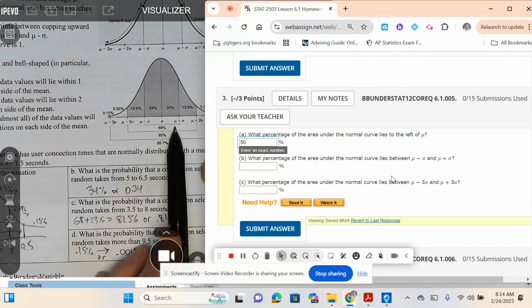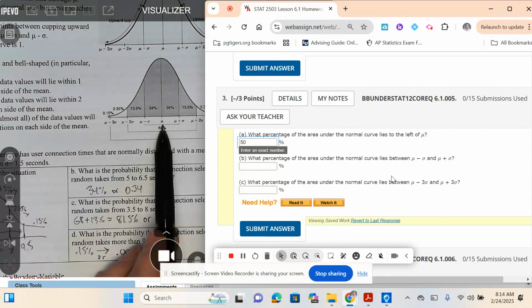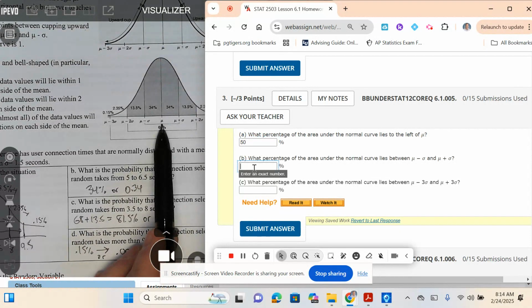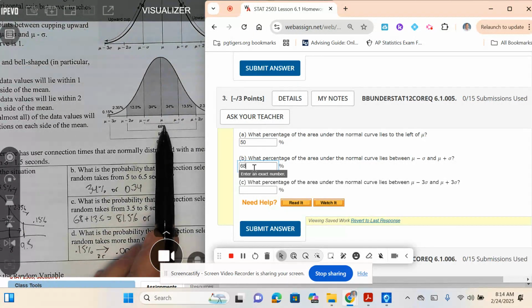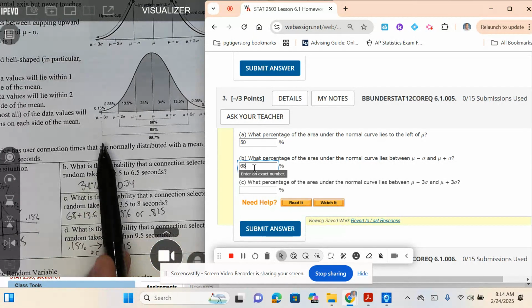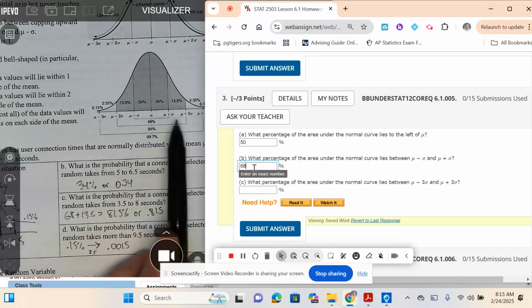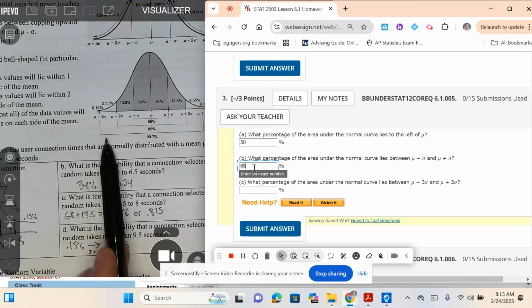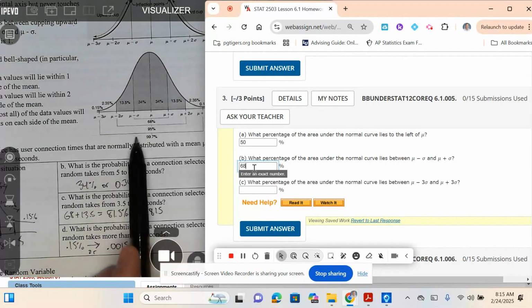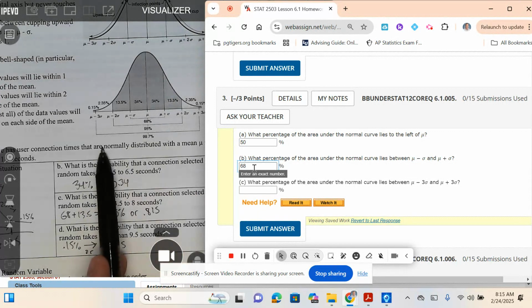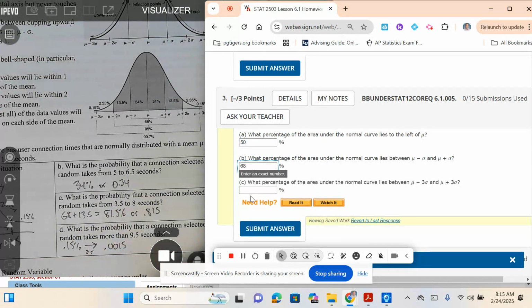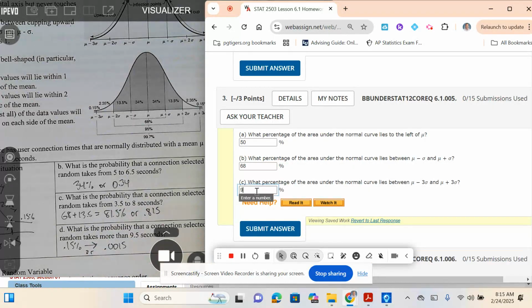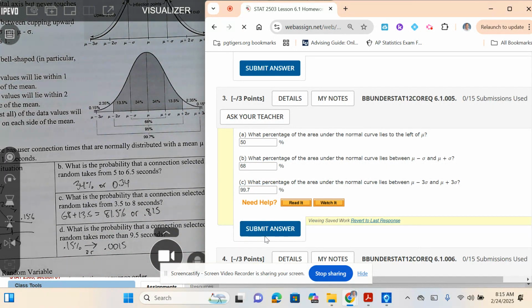So between 1 below and 1 above is 68% of your data. Okay. What about from 3 below to 3 above? So mu minus 3 sigma and mu plus 3 sigma would be 3 below to 3 above. What percentage is between 3 below and 3 above? 99.7. Okay. So once again, these are fundamentals of the standard normal curve that you need to know as you progress.